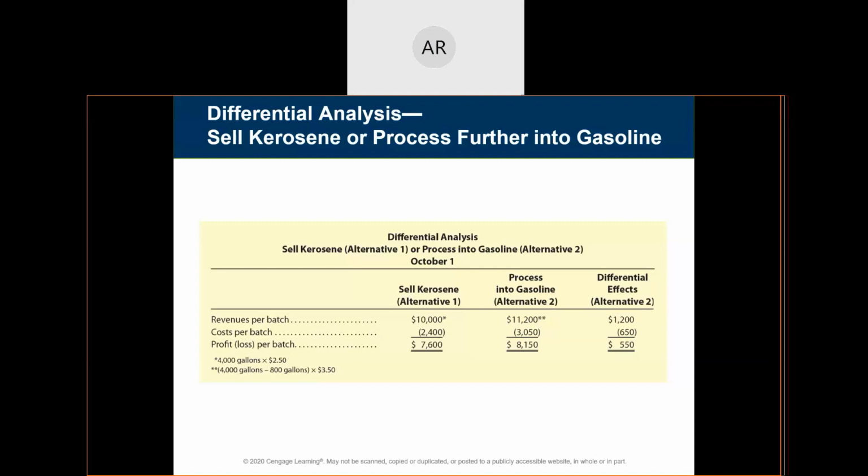It looks like the profit per batch is going to be over 8,000. Per batch is higher, yep, by 550. Interesting. We know the prices are higher for gasoline. The cost is higher for gasoline.